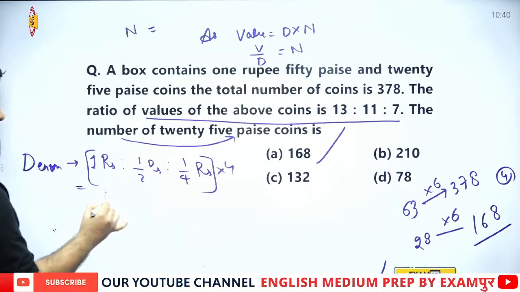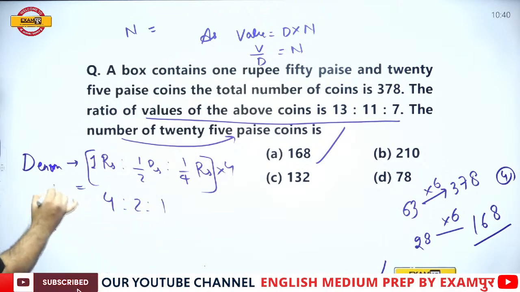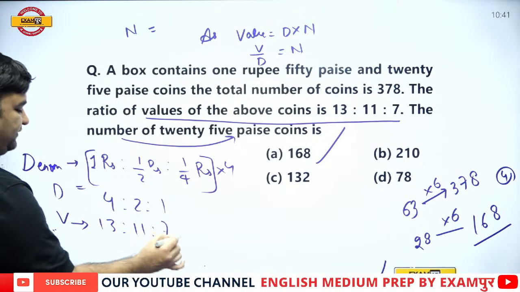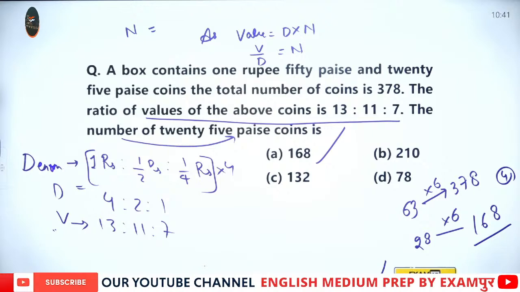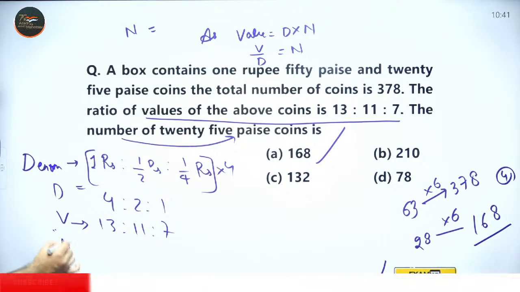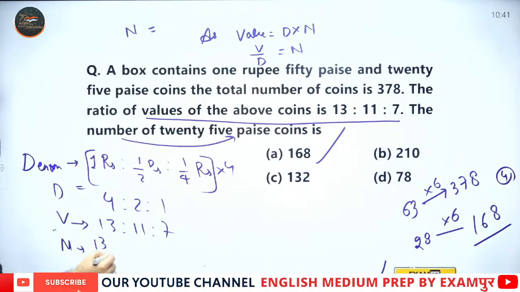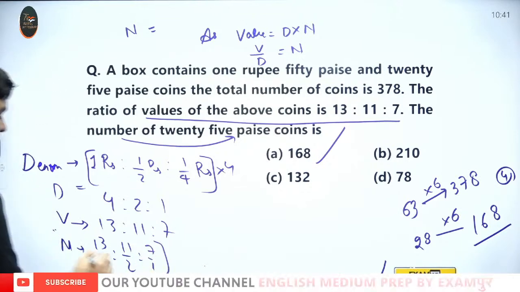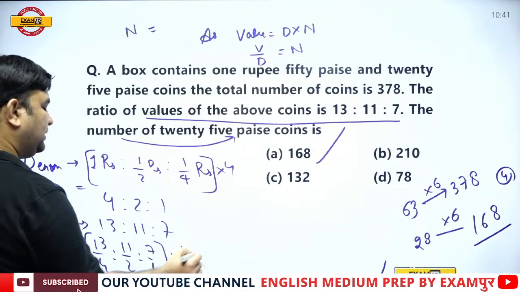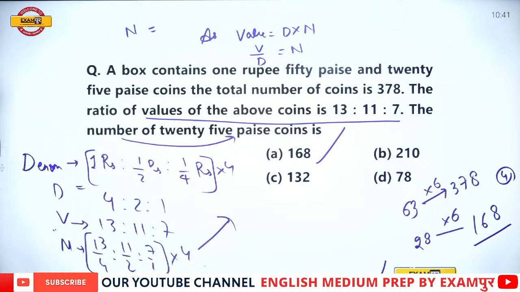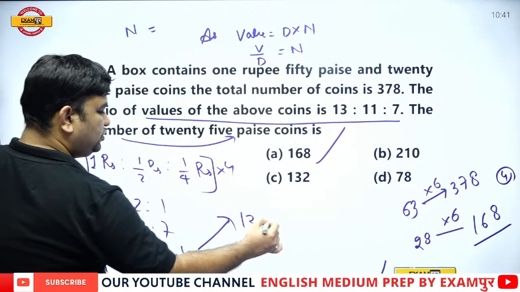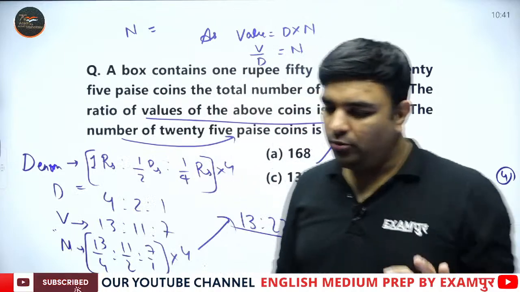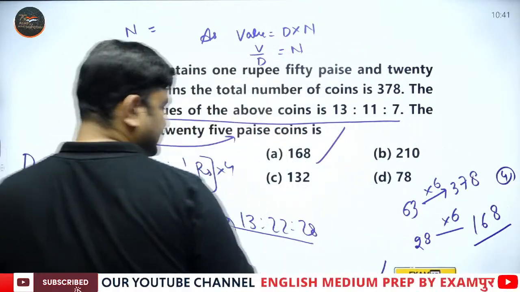So it is 4 to 1 denomination, and the value is 13:11:7. It's 13 by 4, 11 by 2, then 7 by 1. Again, you have to multiply by 4, so that does not make your job any shorter. Even the first one was cool. So just skip this.